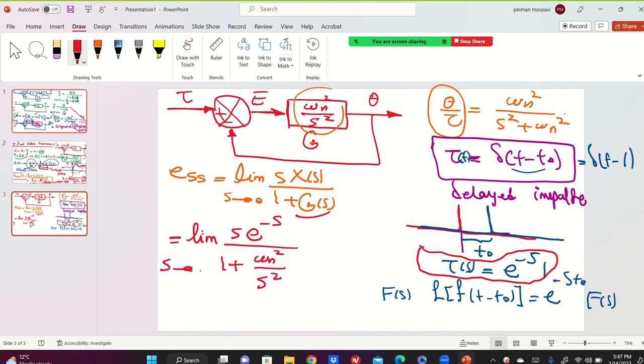When s goes to 0, put s equals 0, this is 1. You can write it like this: s cubed over s squared plus omega n squared, when s goes to 0. So this is 0. Steady state error signal is 0.